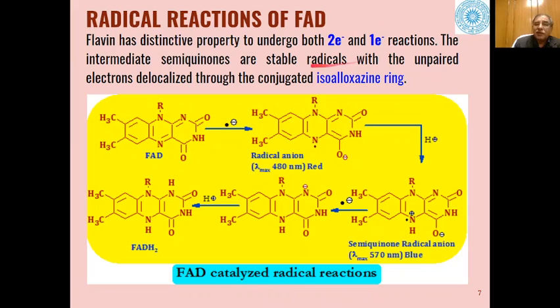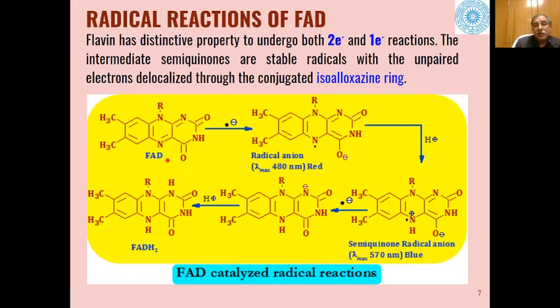And semiquinones are formed as intermediates. They are stable radicals with unpaired electrons, and these unpaired electrons delocalize through the isoalloxazine ring, which is the main activity point in the flavins.